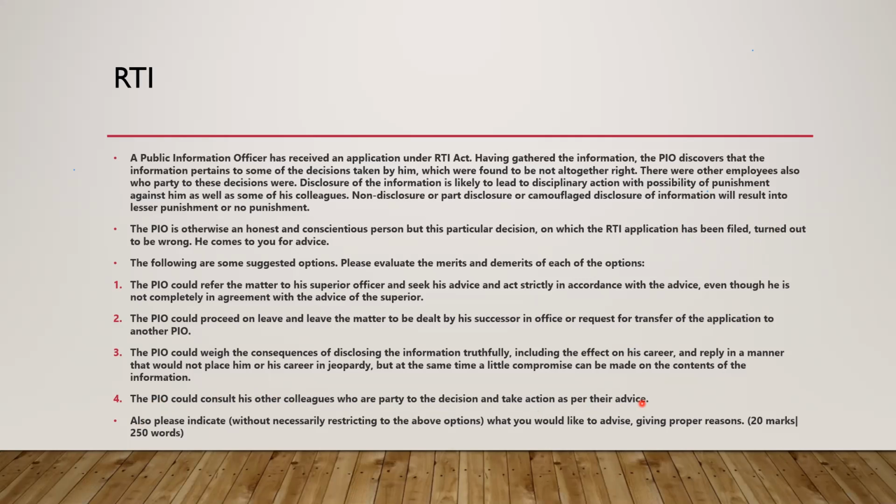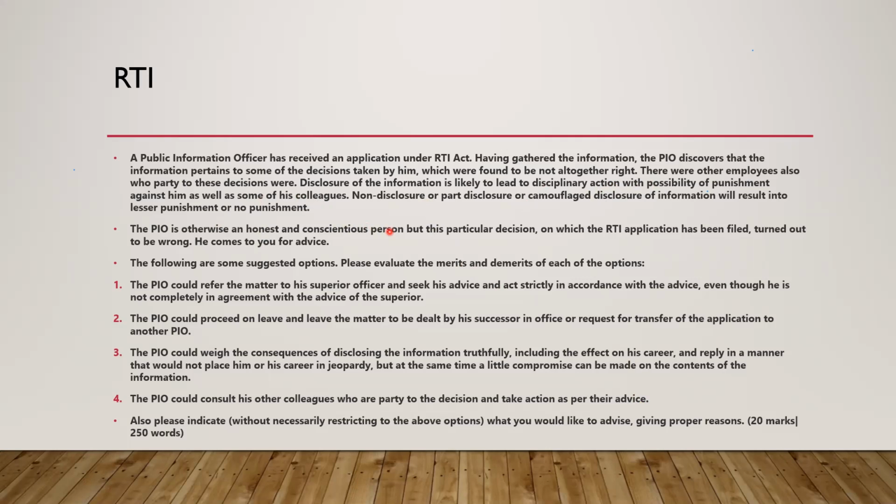In the question, it is not given what kind of wrong decision was taken. They are saying that disclosure of the information is likely to lead to disciplinary action with possible punishment against him as well as some of his colleagues. So some decision has been taken; an honest and good person should be ready to face the consequences.